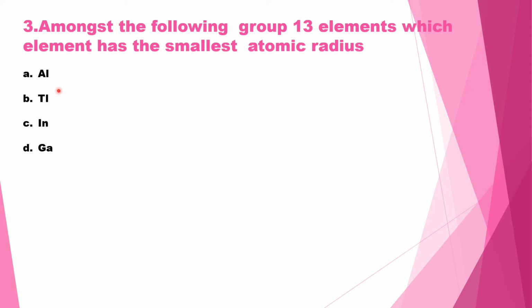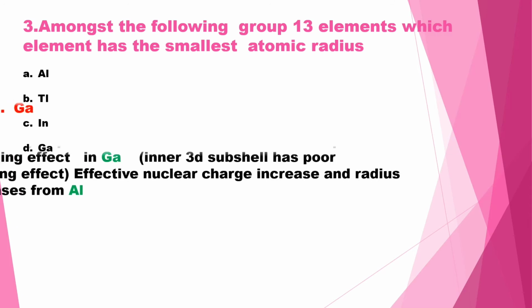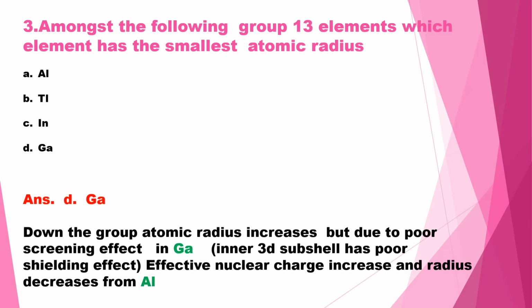But in the case of group 13 elements, if we think about gallium, 3d orbitals are introduced which cause a poor shielding effect, due to which the Z effective charge becomes greater than that of aluminium.